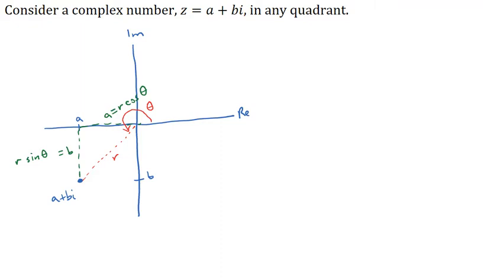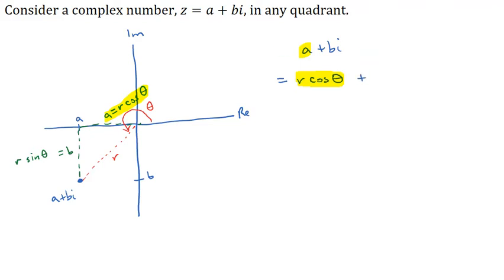And so what we end up finding out is that a plus bi is the same thing as, well, I can rewrite a as r times the cosine of theta. So I'm changing from a and using my r and my theta, my modulus and my argument, to describe my a value.